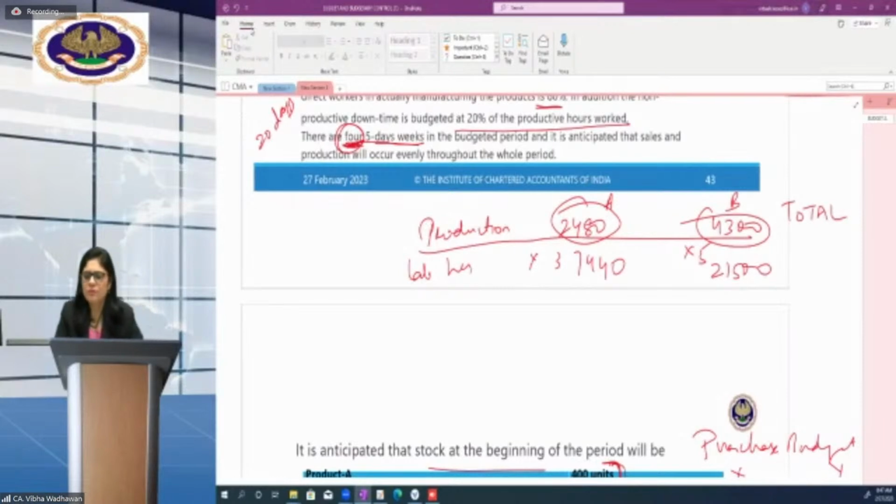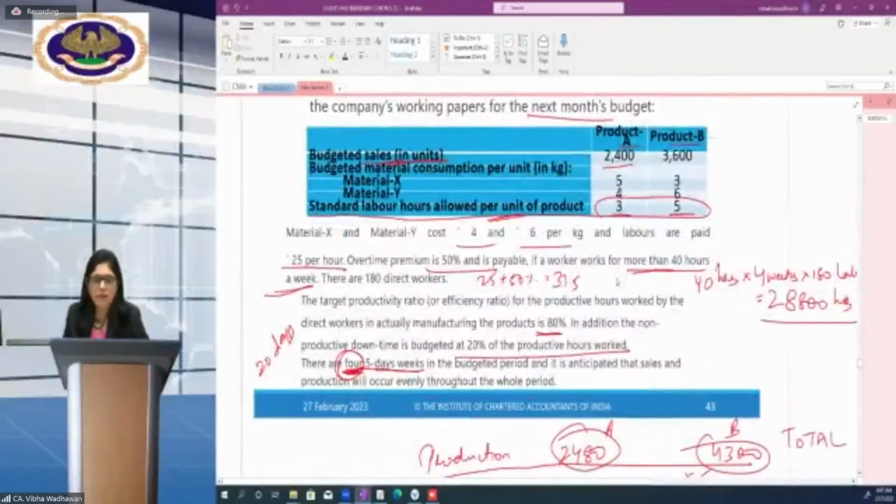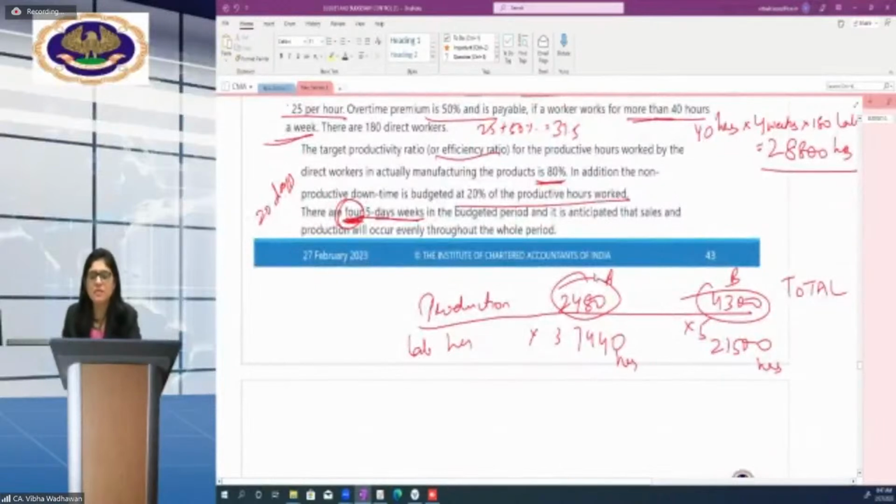So these are the labor hours which are required, 7440 hours and 21,500 hours. Here they are saying the efficiency ratio for the productive hours worked by the direct workers is actually 80%. Now, what does this mean? This means 7440 and 21,500 hours are basically after an efficiency of 80%. That means this is the 80% hour.